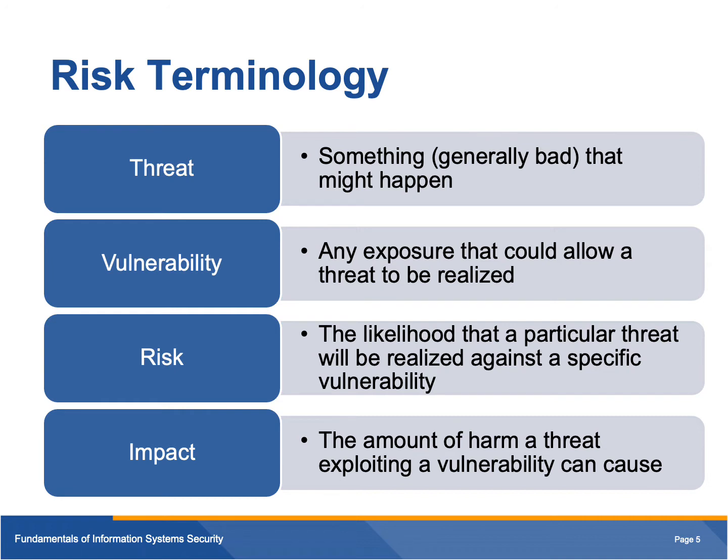Risks result from the exploitation of a vulnerability by a threat, and so there's the possibility that something of that nature may happen. Then the impact is the result of that negative risk, so the amount of harm that a threat could cause by exploiting a vulnerability.